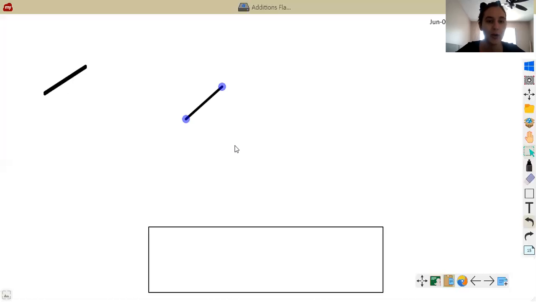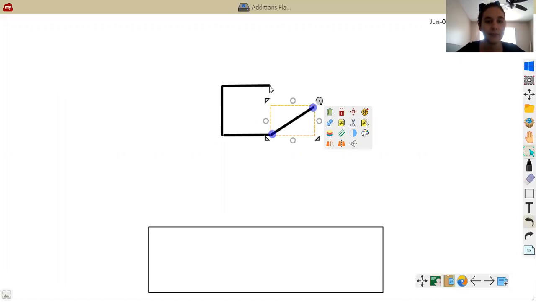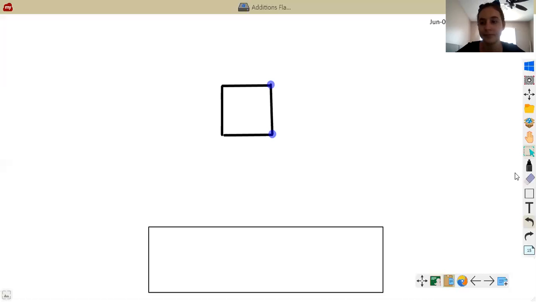I'm going to rotate my stick. That's a little bit bigger, so you guys.